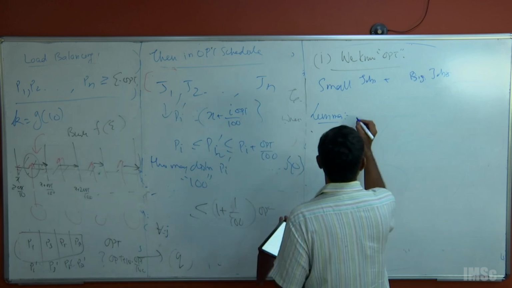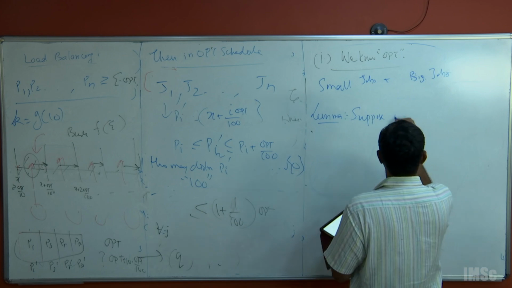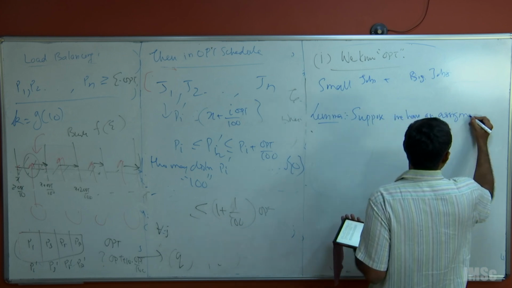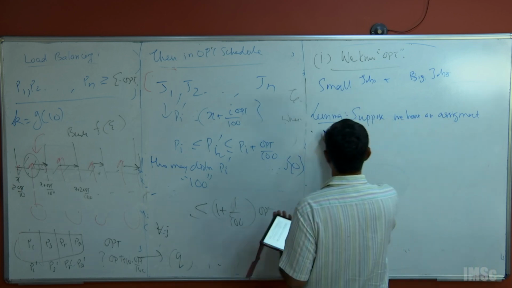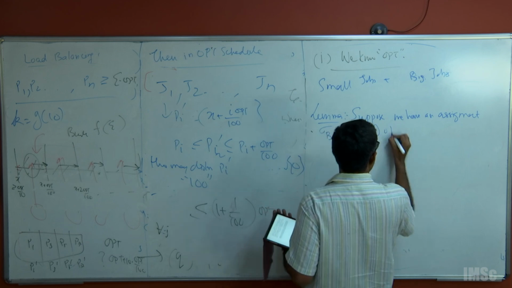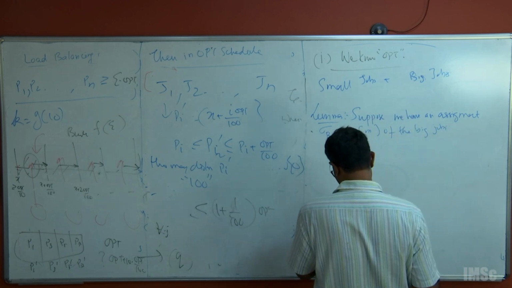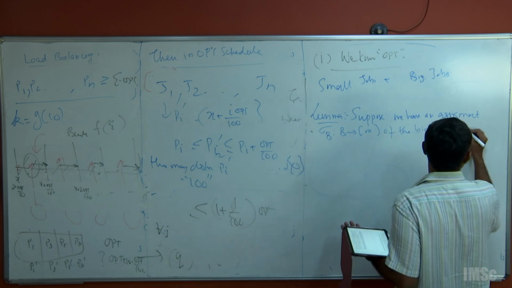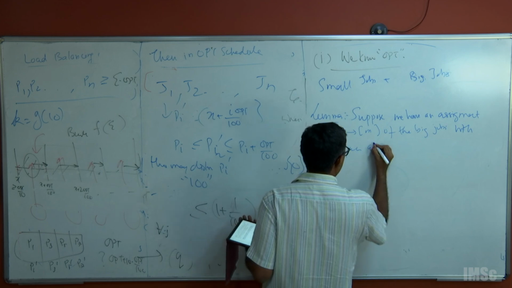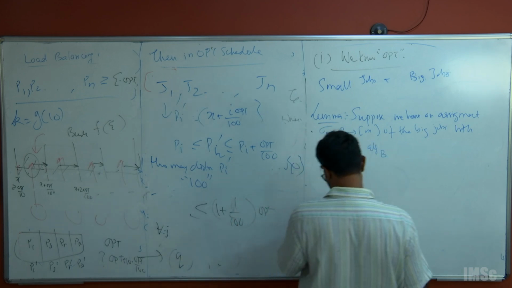Suppose we have an assignment sigma B of the big jobs with makespan alg B, so the largest load on any machine. This is alg B.